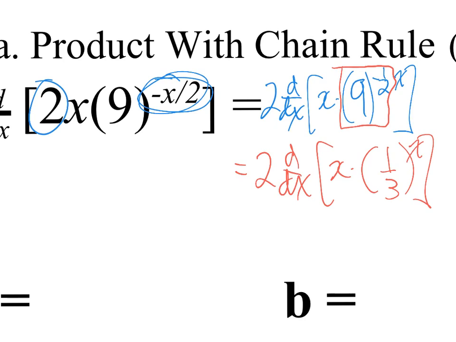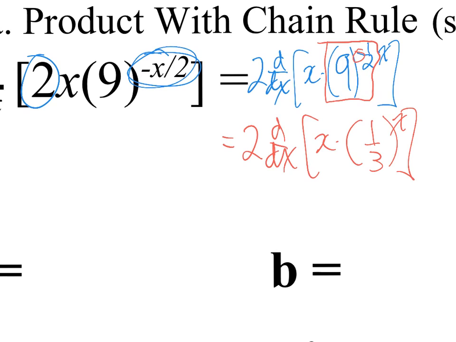So again, I'll repeat. Base is 9. Exponent is negative 1/2. Exponent of 1/2 is square root. Square root of 9 is 3. But because we've got that negative there, that means it turns it into a fraction, right? It's repeated division instead of multiplication, or in this case, a root. So there we've got x times 1/3 to the x.